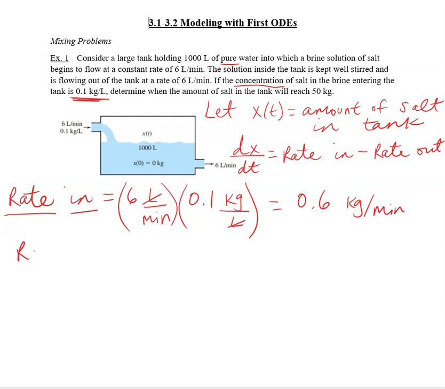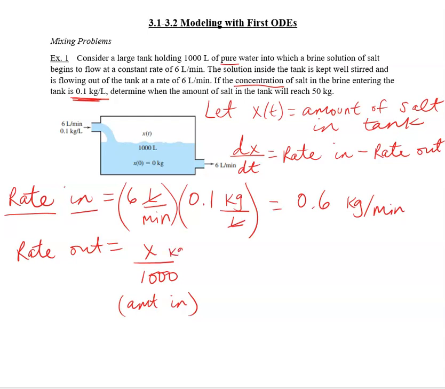Now, the rate out, let's do the same thing. So the rate out would be the amount of salt in the tank at any given time times the rate that the water is leaving the tank. So the amount of salt in the tank at any given time, do you agree, would be x over 1,000. Because remember, x was the amount of salt in the tank, and we started with 1,000 liters of water.